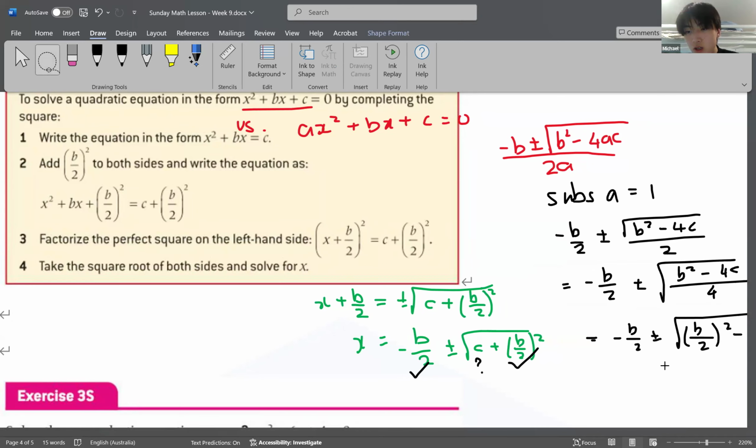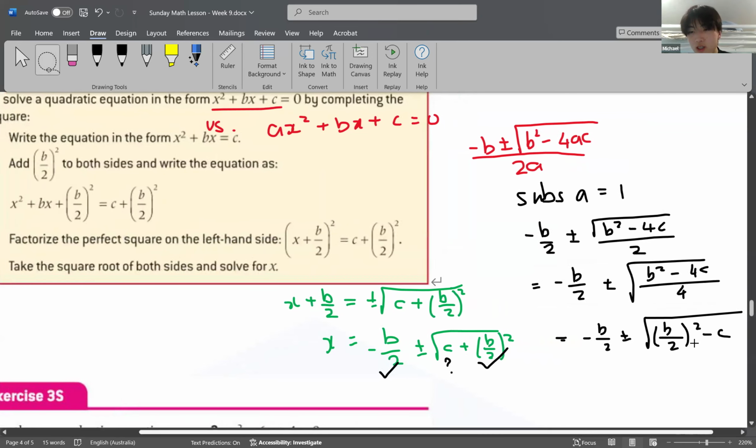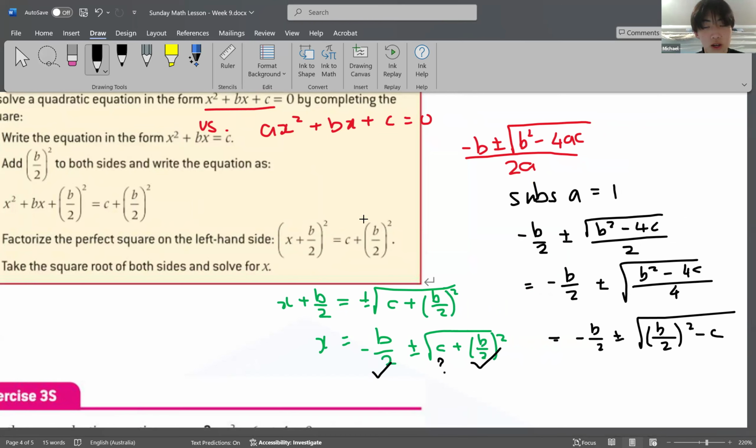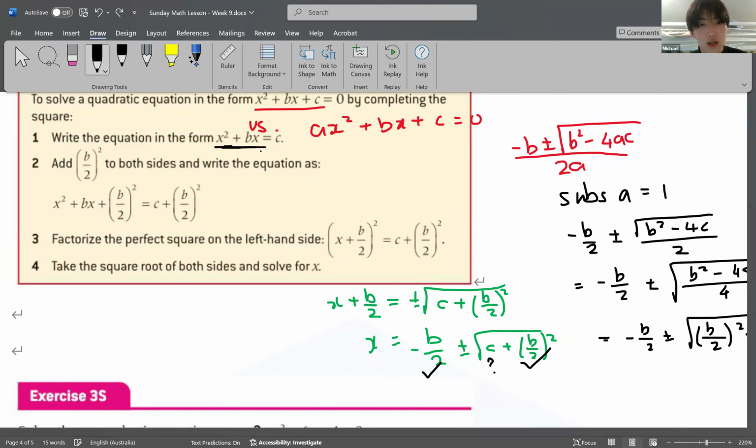All right, cool. So the difference here is that we got a negative c here, but a positive c here, and the reason is because we followed this, right? And this has a positive c on the right, right? If we are moving the c to the right, it should actually be negative c. So we actually solved this instead.